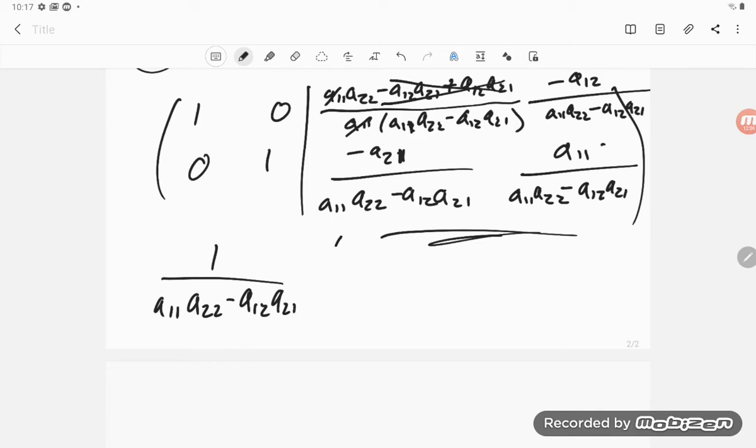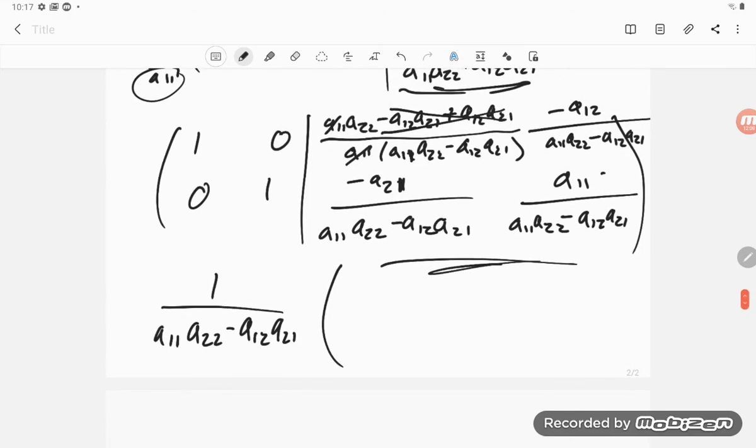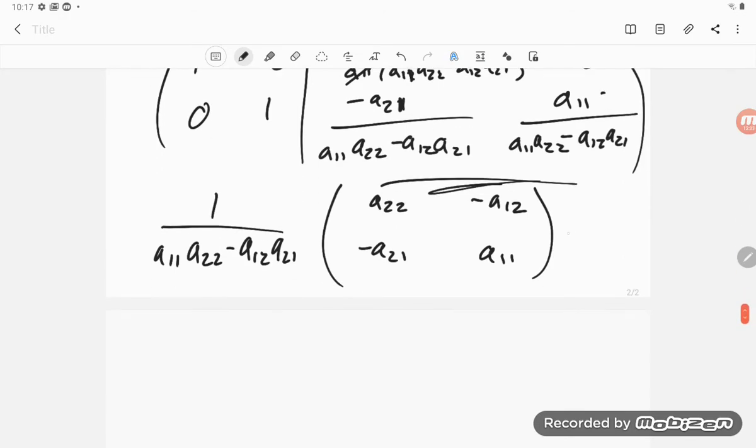And then times what's left, which is A22 minus A21 minus A12 and A11. And there's the inverse. This is our A inverse.